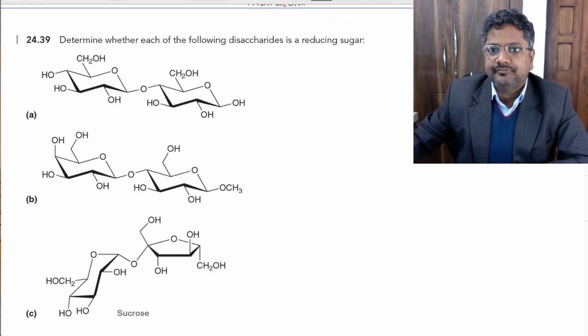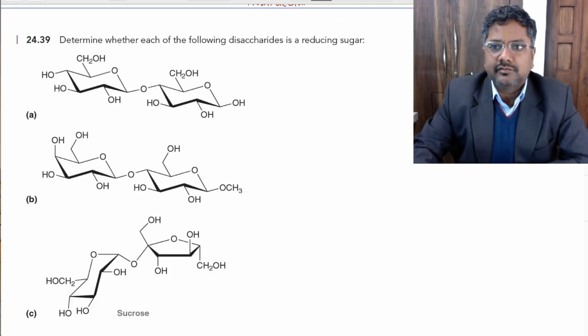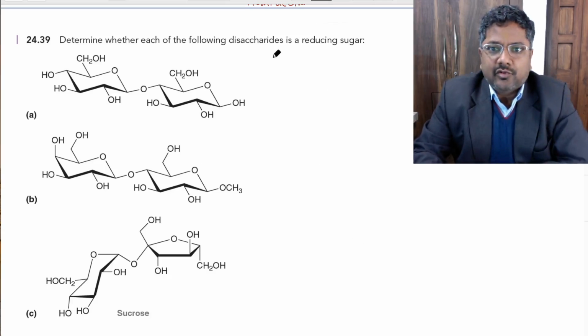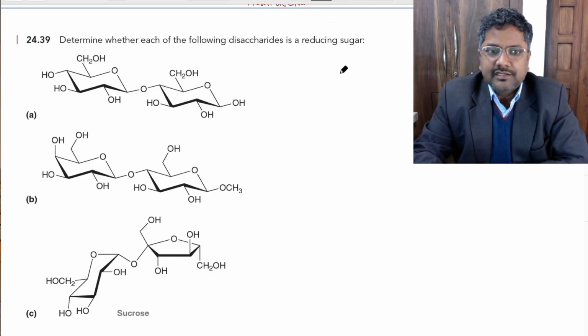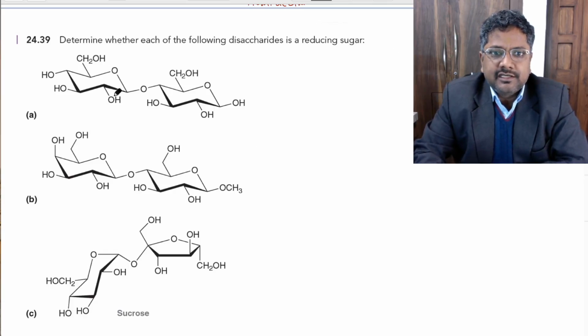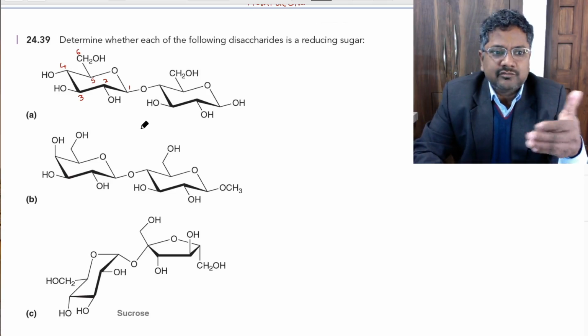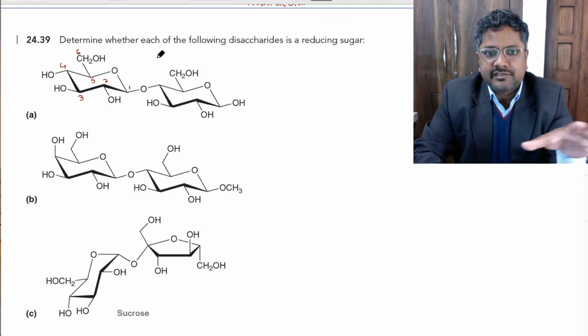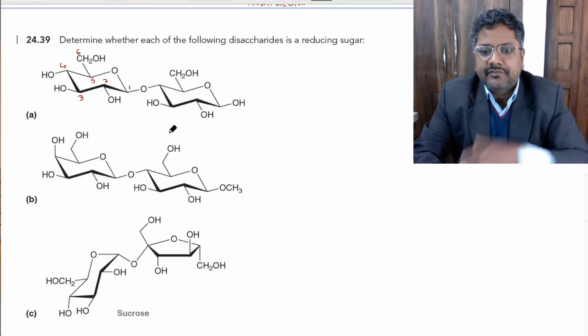Now see, determine whether each of the following disaccharides is a reducing sugar. So one by one you have to identify. See, this is an aldohexose cyclic structure. This is carbon number 1, this is carbon number 2, this is carbon number 3, this is carbon number 4, this is carbon number 5, and this is carbon number 6. I am giving you different answers, not only reducing and non-reducing, but different observations as well.